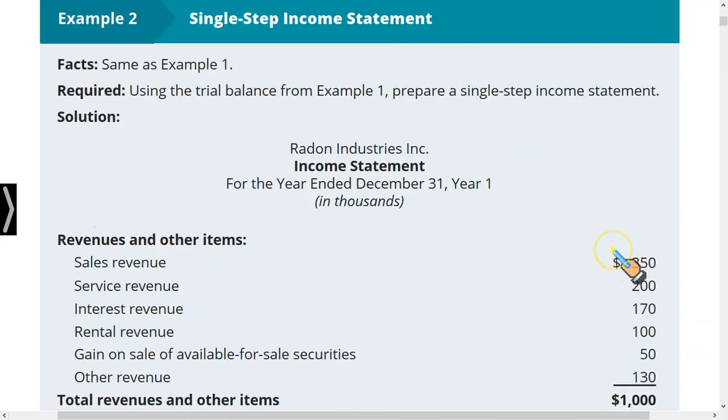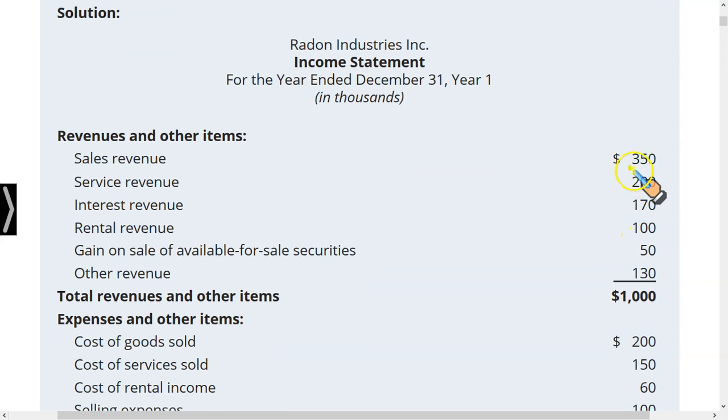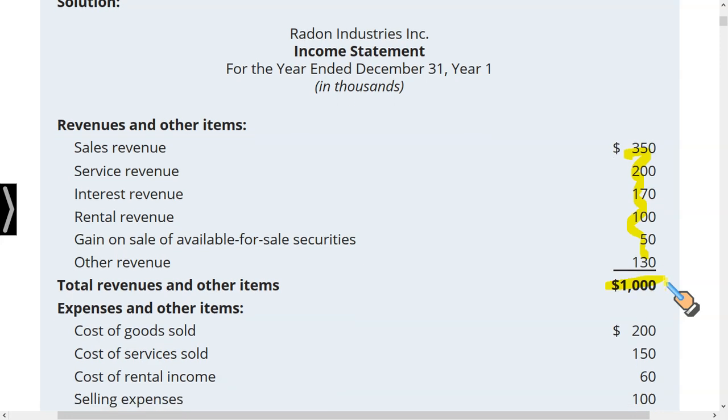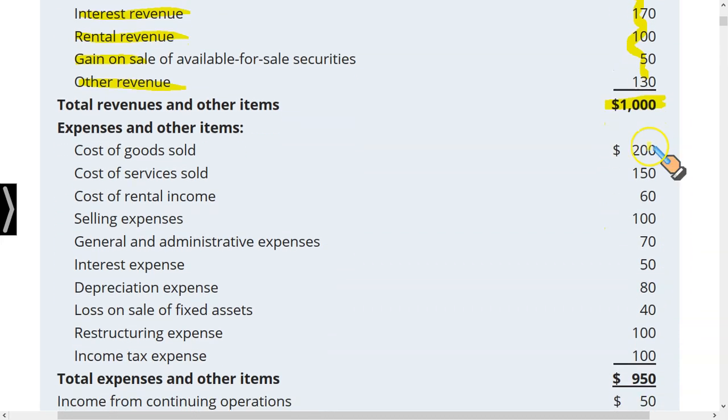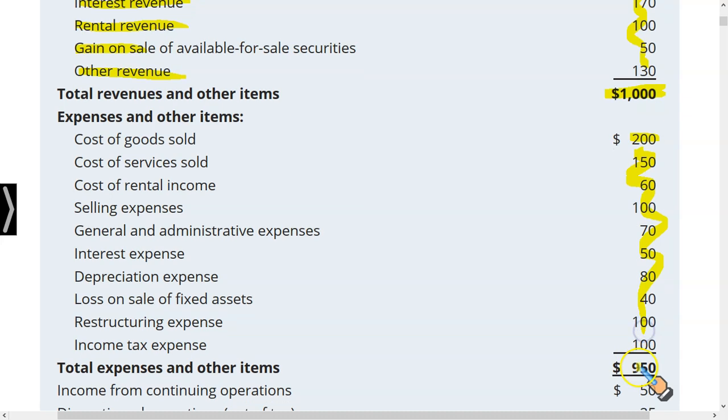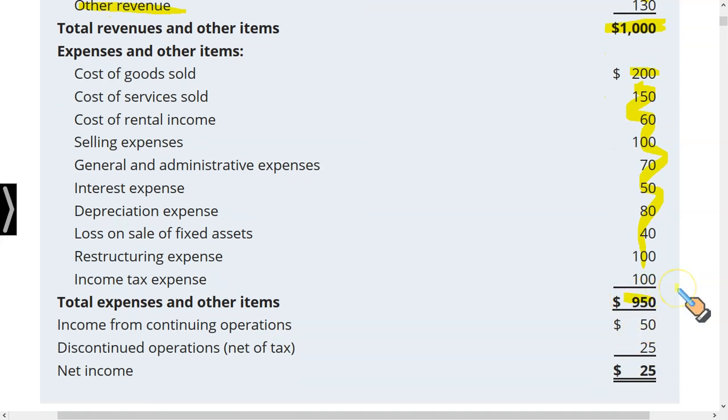In a single-step income statement, we make a shortcut. What we do is add all our revenues, whether they are central or just coincidental or peripheral: sales revenue, service revenue, interest revenue, rental revenue, gain from sale of securities, gain on disposal, and other revenues, all in one place, and deduct all the expenses to get a single figure for expenses.